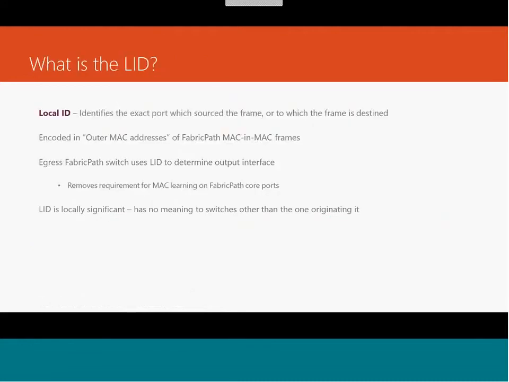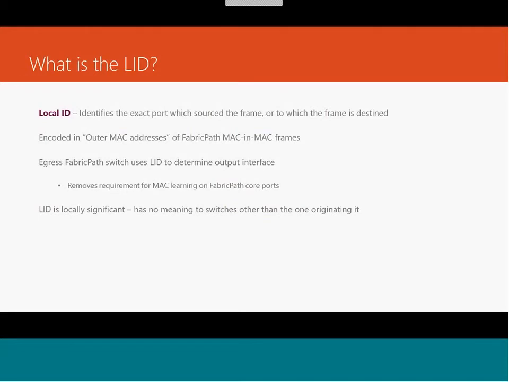So what is LID? LID is one value which removes the need for MAC learning on the core ports, right? Because it keeps a tab on what the source interface is and what the destination interface is.